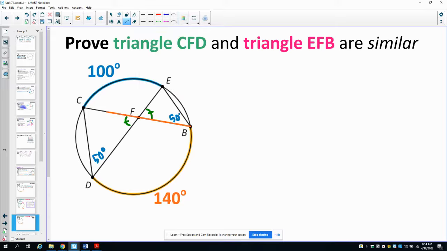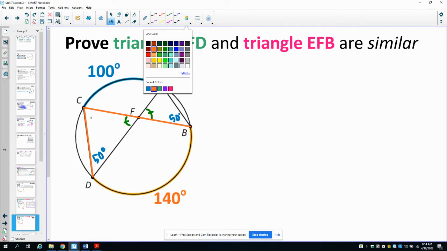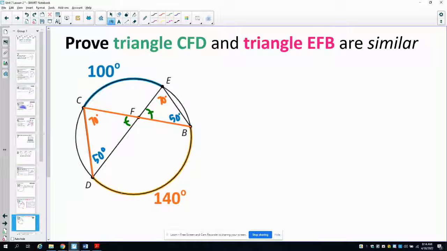So we could have looked here. So we see this inscribed angle, which would be half of the 140. So you could have maybe seen that this was a 70-degree angle. And then similarly, E would be a 70-degree angle as well, since it is coming off of that intercepted orange arc as well.